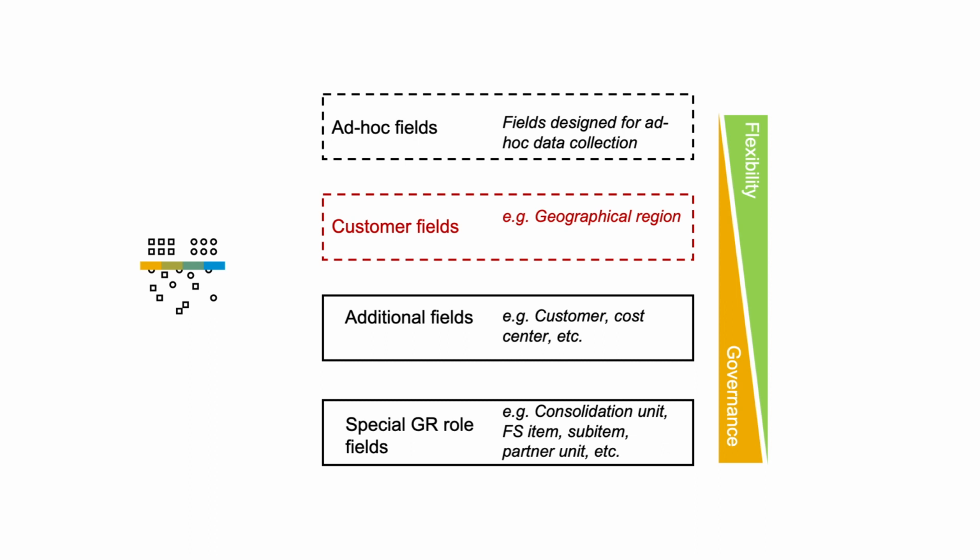Ad hoc fields in SAP Group Reporting Data Collection is another flexible new innovation which allows you to set up new dimensions for your imported data without impacting the ACDocu data model. This is particularly useful for non-financial data you need to report on.